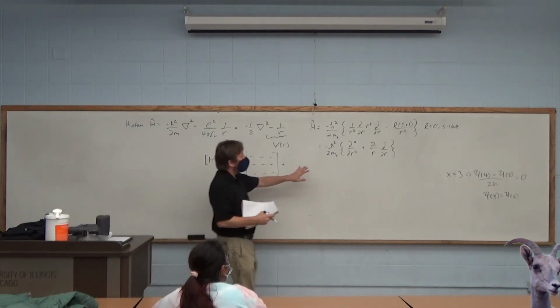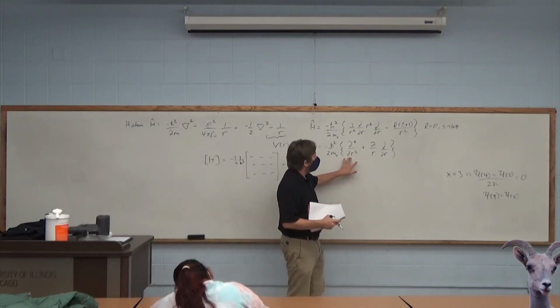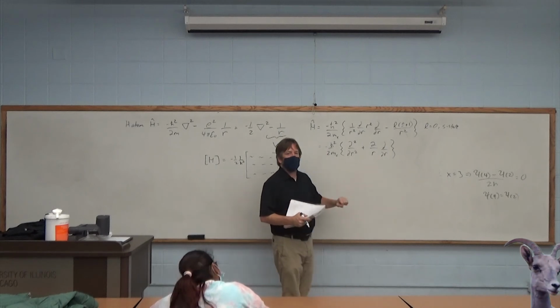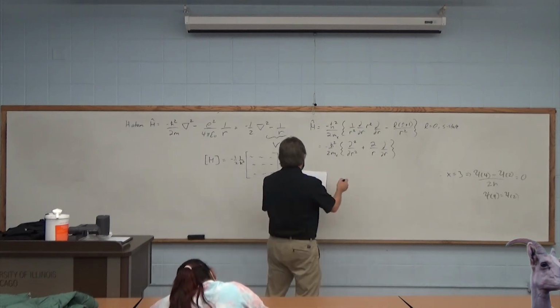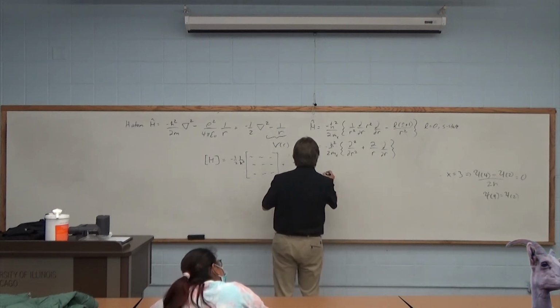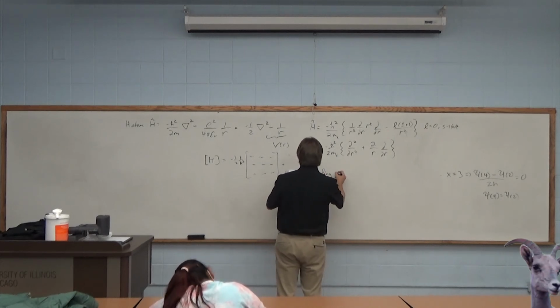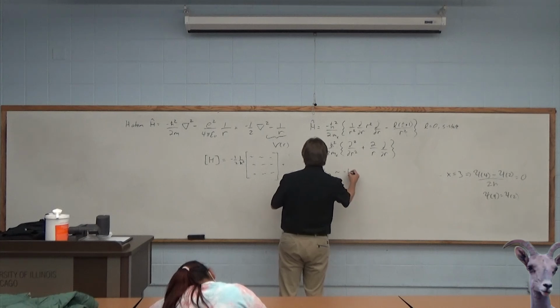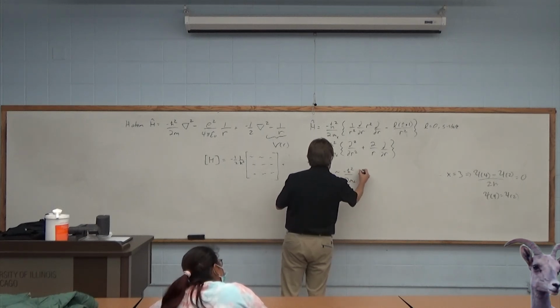The reason is this is way easier. I know what a double derivative is, and I know what a single derivative is. How it works is at the diagonal of your kinetic energy part of the Hamiltonian, it's minus h squared over 2me, whatever the step is.